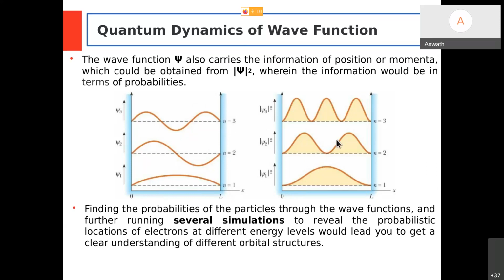For this one, there are 2 hills. For this one, there are 3 hills. Wherever there is a peak, at that point if you find the value, you will get a maximum value. That in fact corresponds to the probability of the electron's presence in that location. It means that at this point, the electron could exist with high probability.